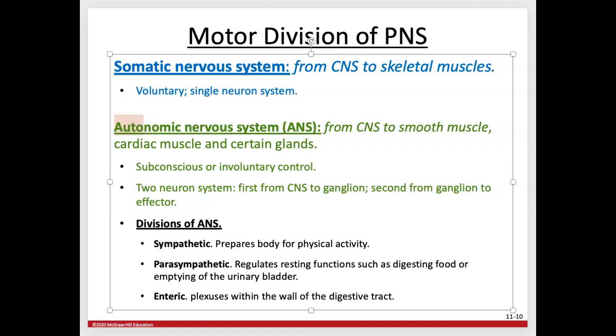And the enteric nervous system is directly associated with the digestive tract. You may remember from other classes that the sympathetic nervous system is the fight or flight type of response, and the parasympathetic is the rest and digest response.